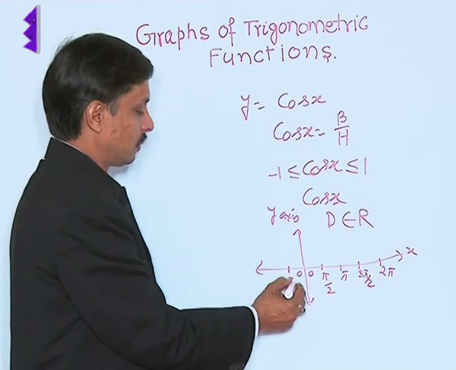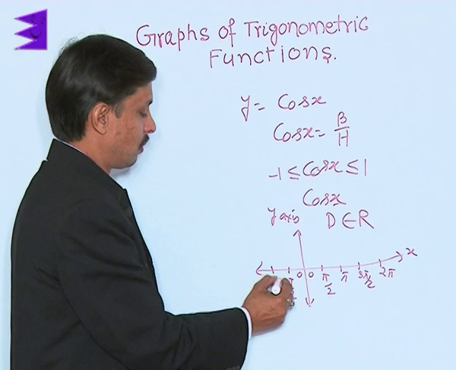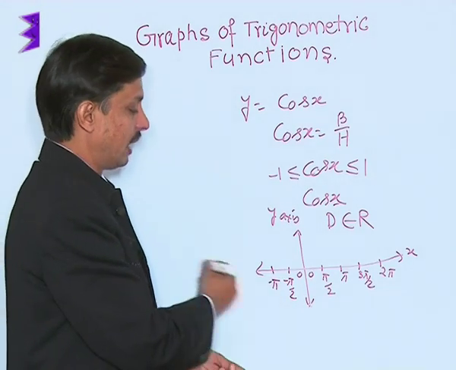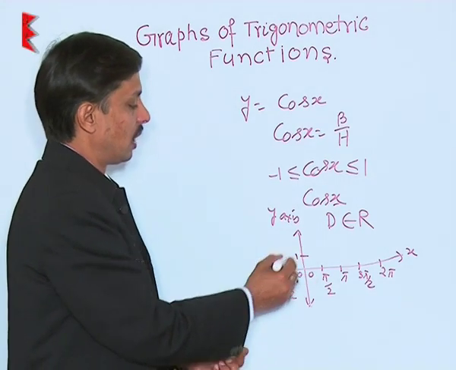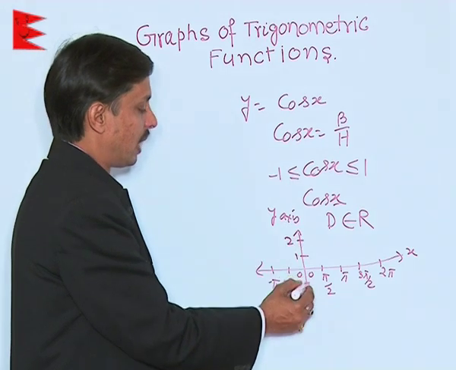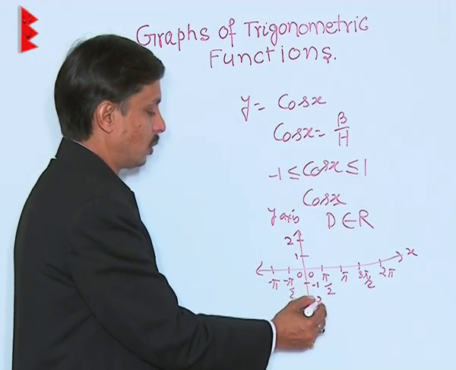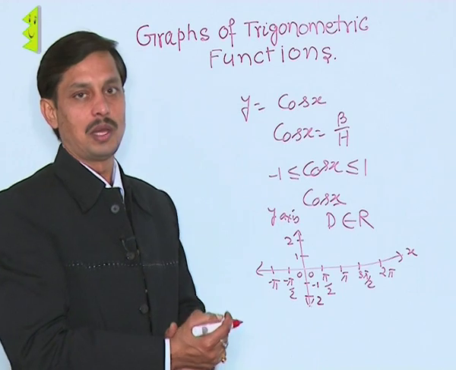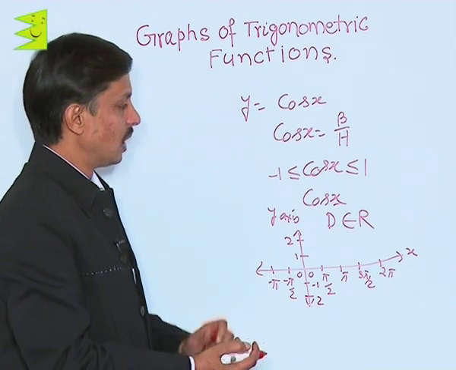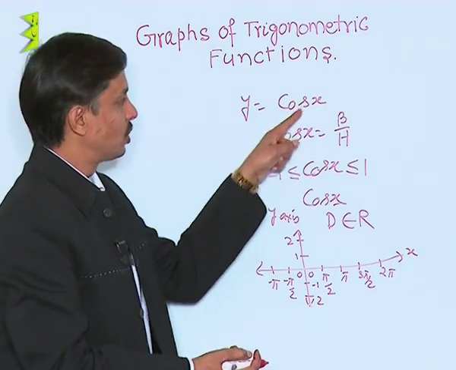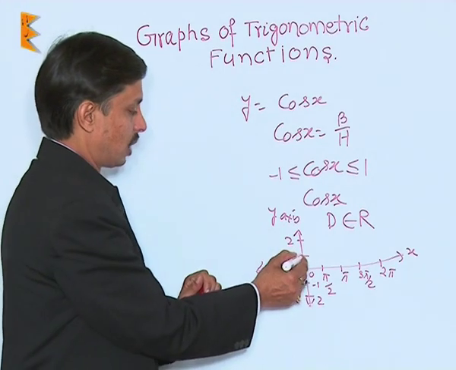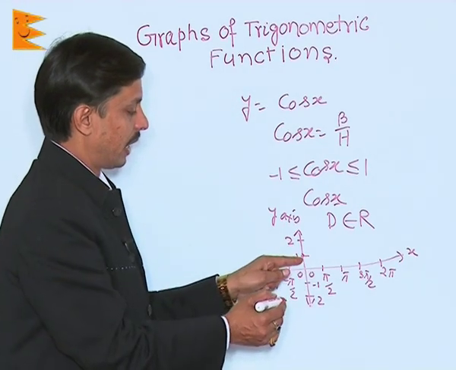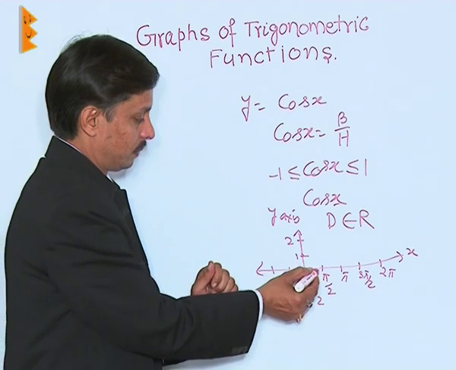Similarly on the negative side: minus pi by 2, minus pi, and so on. On the y-axis I am taking the values 1, 2, -1 and -2. You all know the value of cos 0 is 1, so the graph of cos starts from 1.